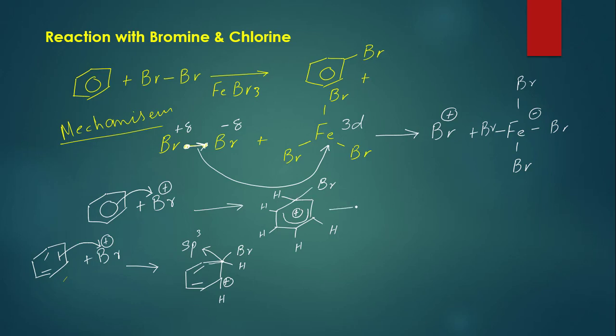The next step is the second step, where we are using this negative FeBr4, and the overall charge is negative. Actually this electron extracts this hydrogen, and the electron of this hydrogen turns back and makes its bond again.